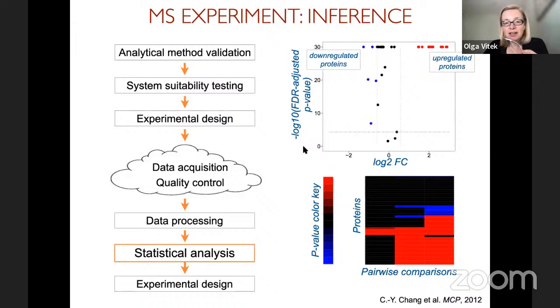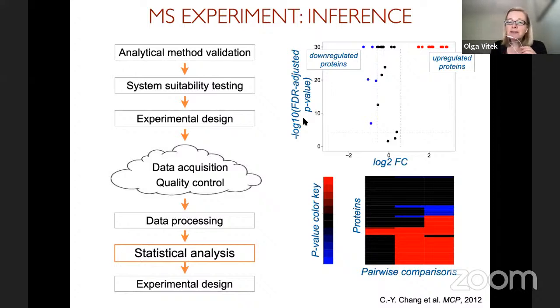And traditionally, we take the negative log transform of these adjusted p-values so that high values mean more statistical significance. So we are interested in the upper left and upper right corner of this comparison plot. The vertical lines delineate the fold change cutoff. It's fine to apply it as long as we apply the statistical significance cutoff corresponding to the false discovery rate of whatever you chose before analyzing the data.